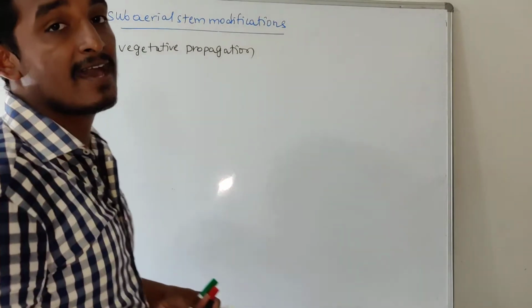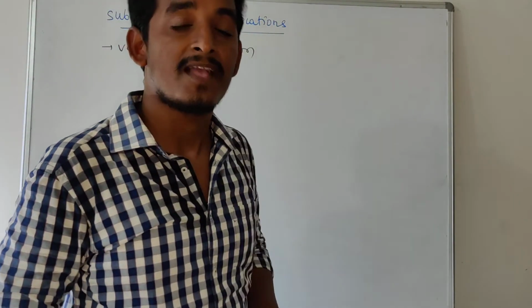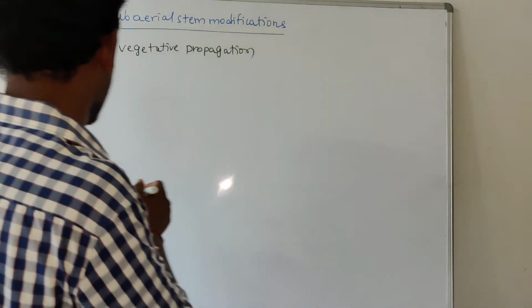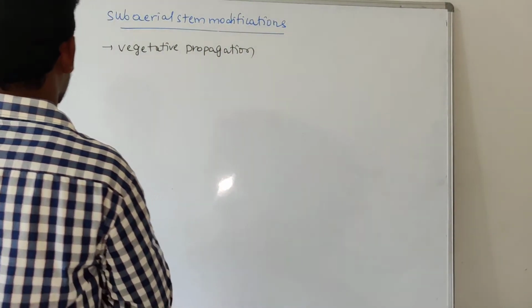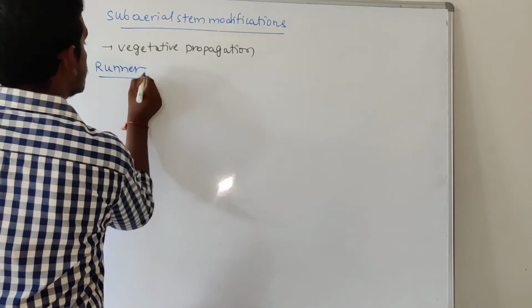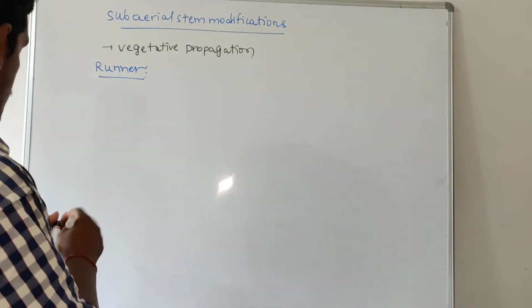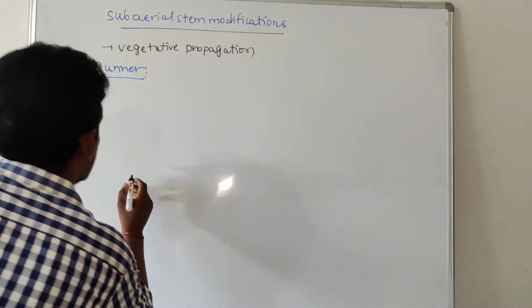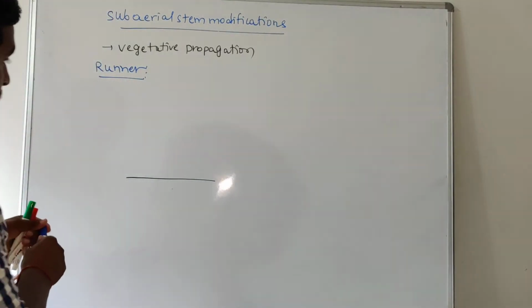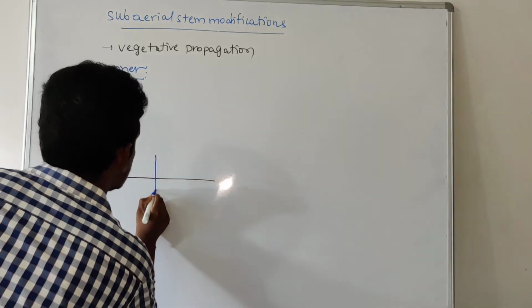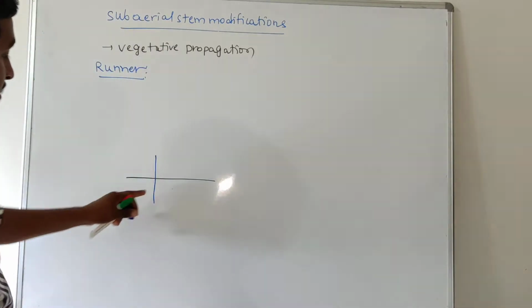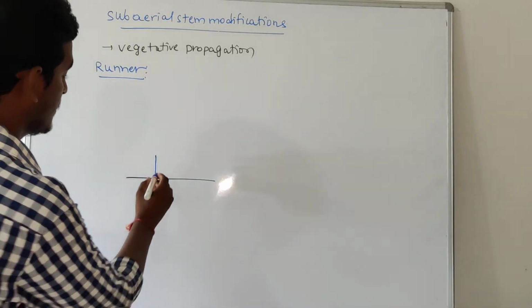Subaerial stems are mainly of four types: runner, sucker, stolon, and offset. First we are starting with the runner. In a runner, the stem is at the surface of the soil, with some portion inside the soil and the remaining portion outside.